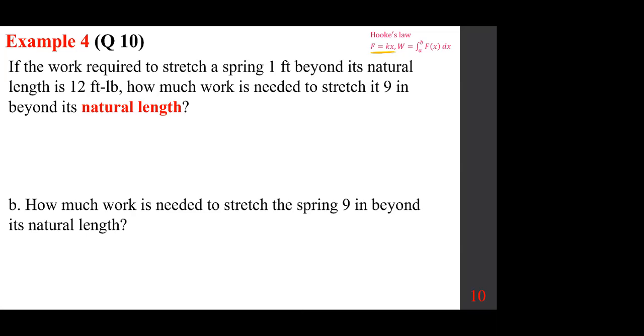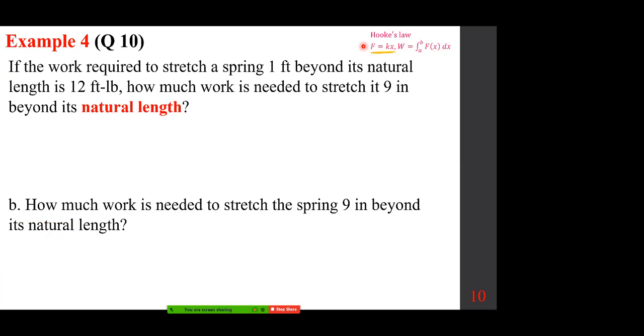We need to find the value of K first, which means we are going to do what? Let's go through the process and see what needs to be done. We can easily come up with the answer. So how much work, and again, the formula is W equals the integral of a to b f of x dx.